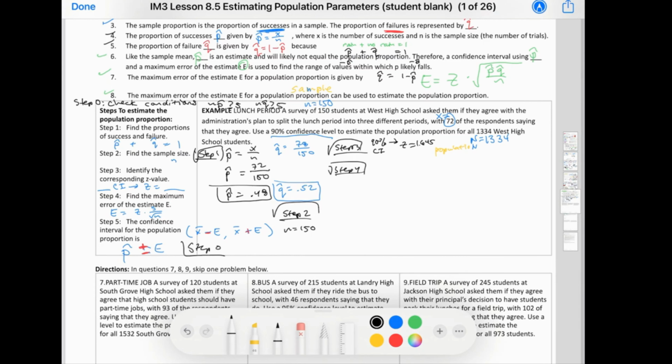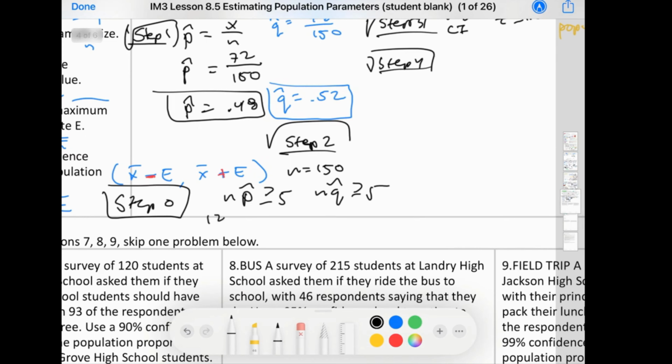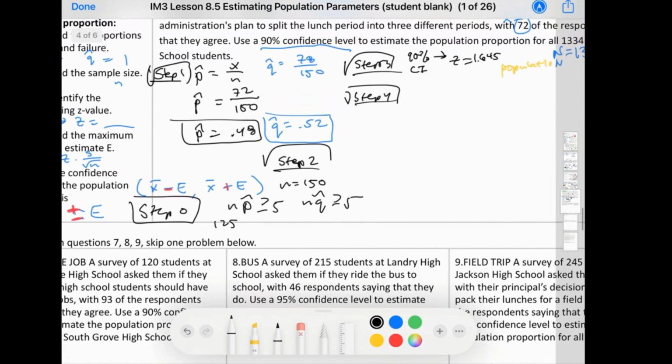So our sample size was 125, and our p hat, so let me color code it. N is 150. Where did I get 125 from? It is 150. That is correct. Why did I write 125? Now I'm just talking to myself. Okay, 150.